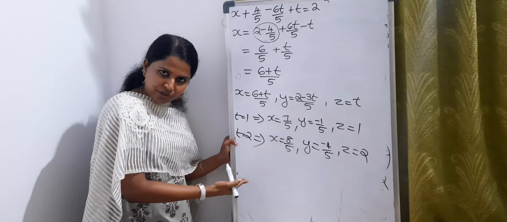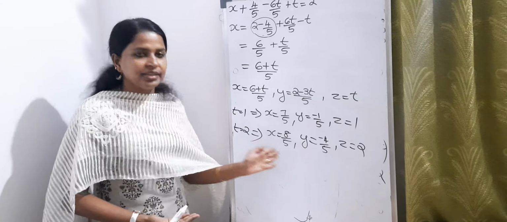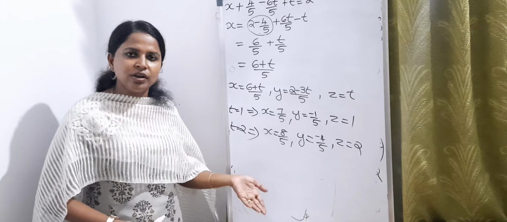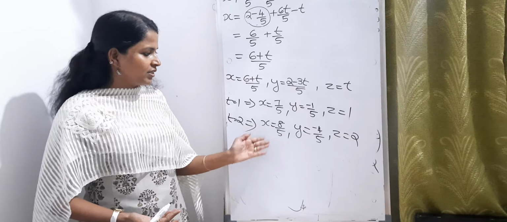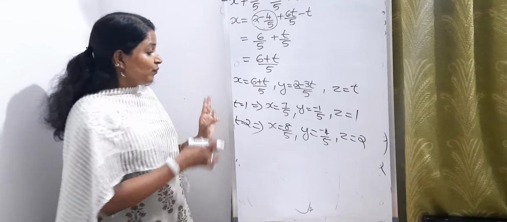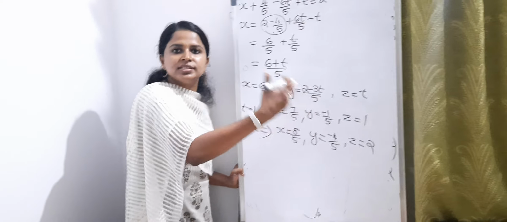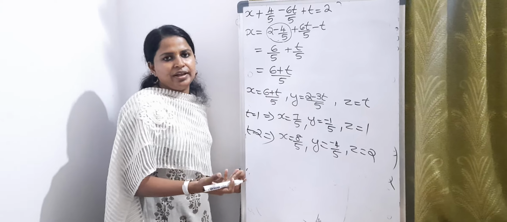And if we substitute t equal to 3, we get another set of values for x, y and z. Then we substitute t equal to 4, another set of values. So for different values of t, we get different solutions for x, y and z.